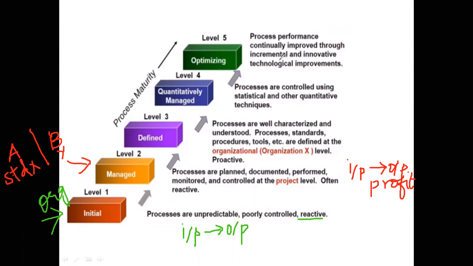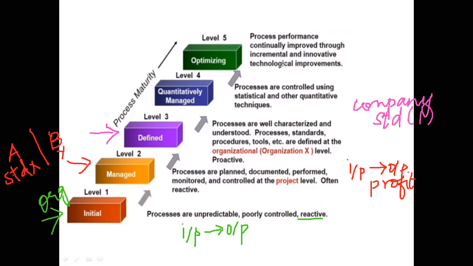Whereas at level 3 criteria, or when a company is at level 3, what happens in here? It is at the defined phase. Now within this example, as you've taken, projects A and B are following standards X and Y. In here, the entire company or the entire organization is going to follow one specific standard.